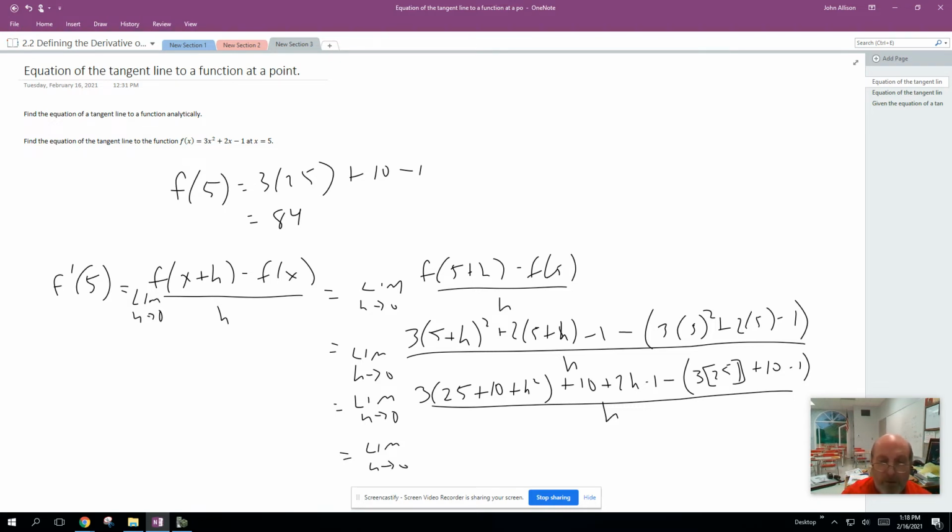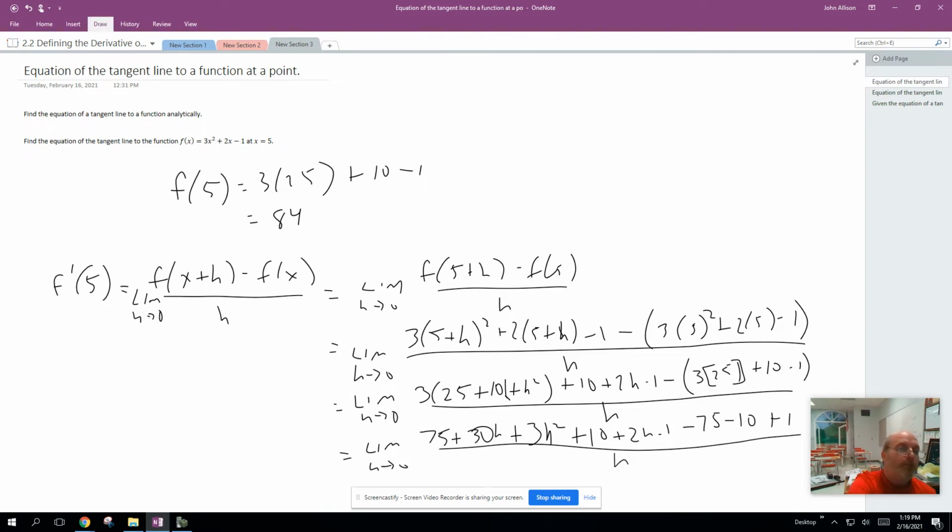So here we're going to have 75 plus 30h and then plus 3h squared plus 10 plus 2h minus 1. And now we're going to subtract 75, minus 10 and plus 1. And that's all over h.